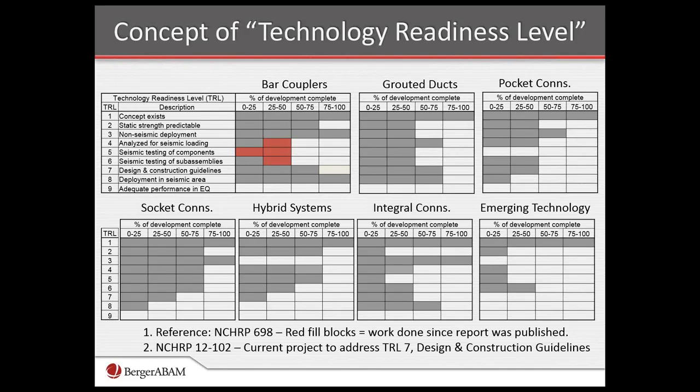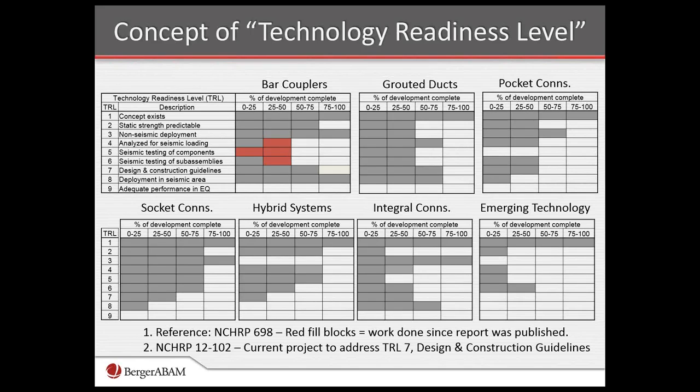And along the way, you have things like seismic testing, ability to calculate strengths and deformation capacities, and then design and construction guidelines. And so the systems that I just went through, from bar couplers to emerging technology, are shown in this series of plots.